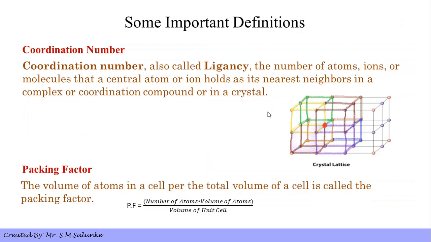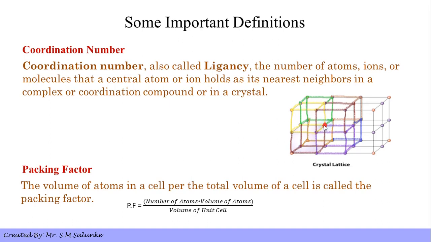Now let's understand what exactly the coordination number and packing factor is. So coordination number, which is also called as ligancy, is the number of atoms, ions or molecules that a central atom or ion holds as its nearest neighbor in a complex or coordination compound or in a crystal. Now let's consider this atom shown by a red dot.